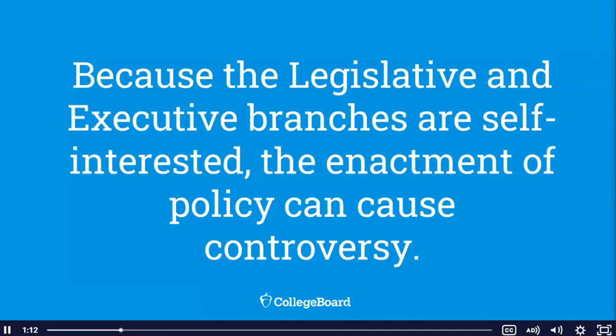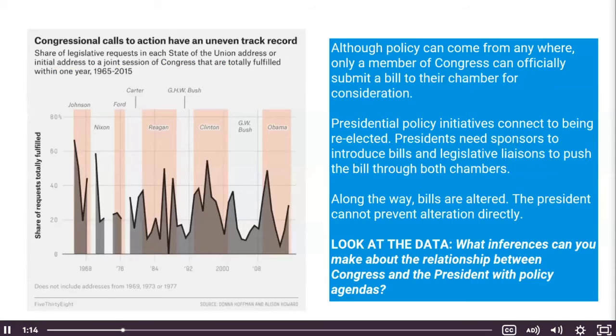This is a very interesting graphic here. Basically, it's showing when presidents, through either a State of the Union address or some joint session of Congress, say, I want you to do this, and whether or not the Congress is able to fulfill that request within 1 year. So this is very interesting. We've got here the congressional responses in fulfilling those requests.